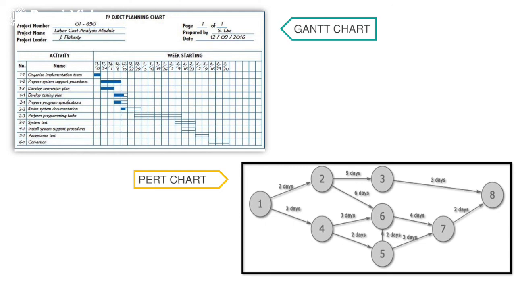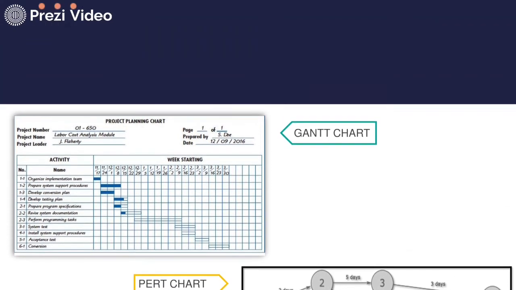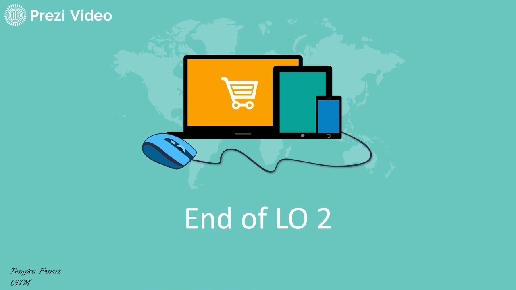As I mentioned just now, these two techniques will be discussed further in the topic Microsoft Project. Alright, so that's the end of learning objective number 2. I will end this video and we continue to the next video for learning objective number 3.